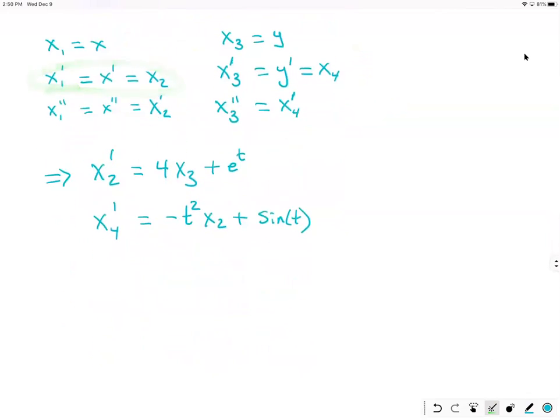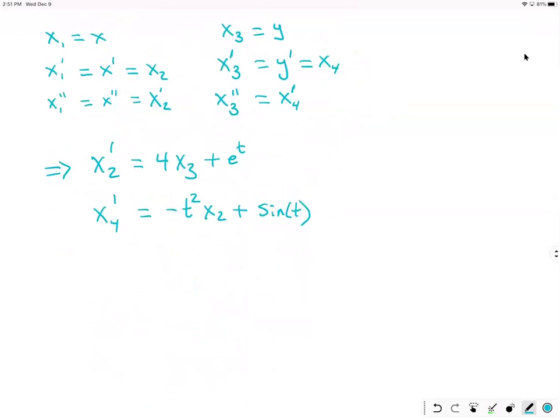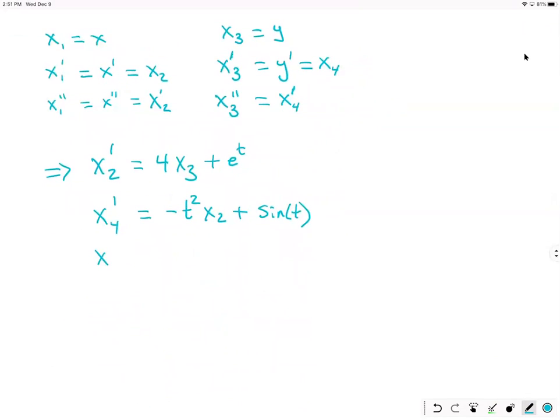Now that I've done both of my systems of equations that were written originally, I do x1, take the first derivative, that's equal to x2, and x3, take the first derivative, and that's equal to x4.